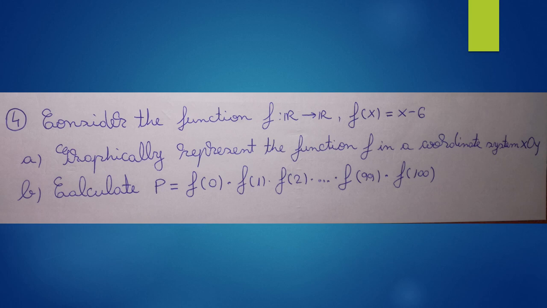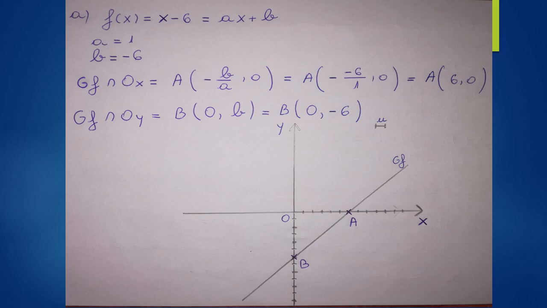Point B. Calculate the product f of 0 times f of 1 times f of 2 times dots times f of 99 times f of 100. In point A, in order to draw the graph of the function f, we first calculate the intersection point with the OX and OY axes respectively.